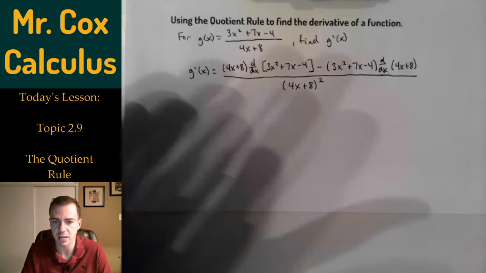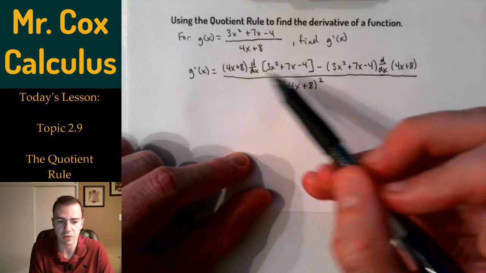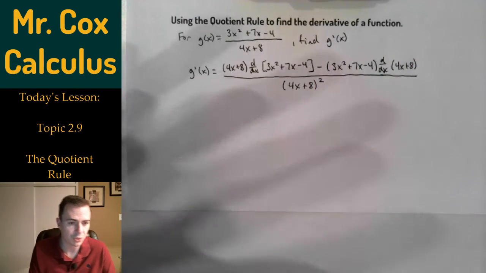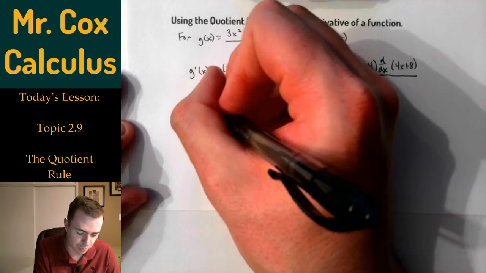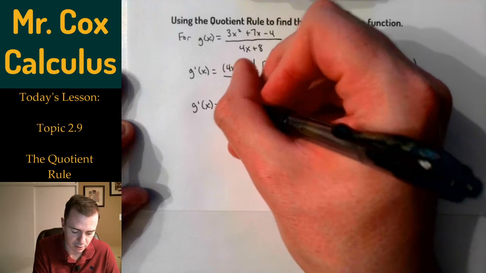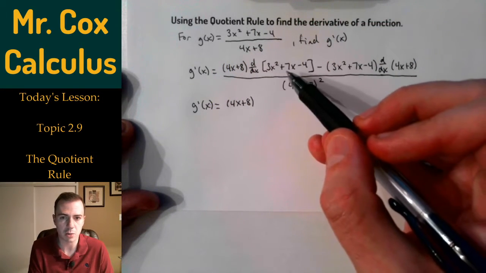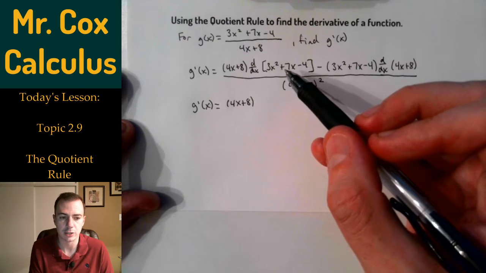So now if I take a look at what I need to do next, I've got a function I need to take the derivative of right here and right here, so let's do that, and then we'll start trying to simplify this particular function. So g prime of x is equal to, so I'm going to have 4x plus 8 times the derivative of 3x squared plus 7x minus 4. And I'm just looking at that particular trinomial.